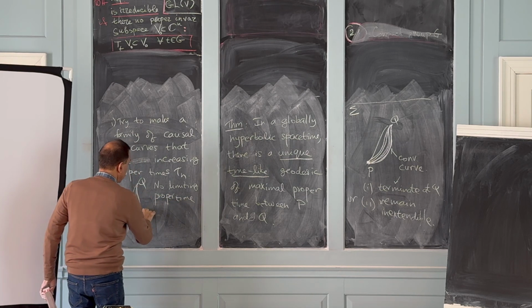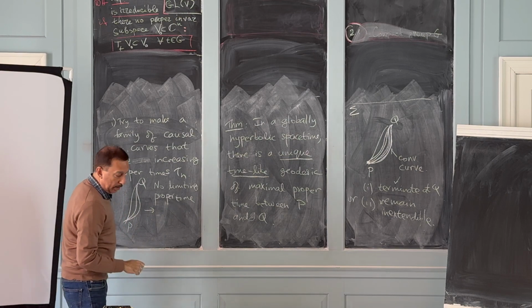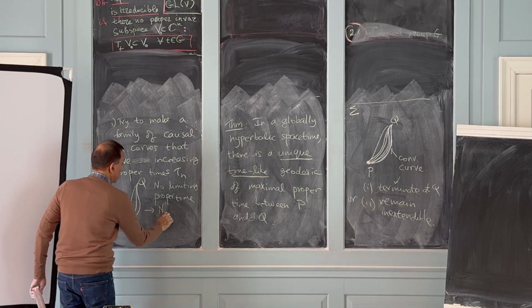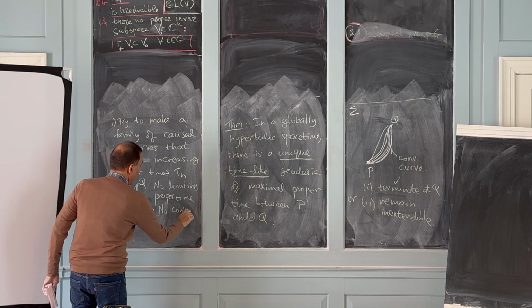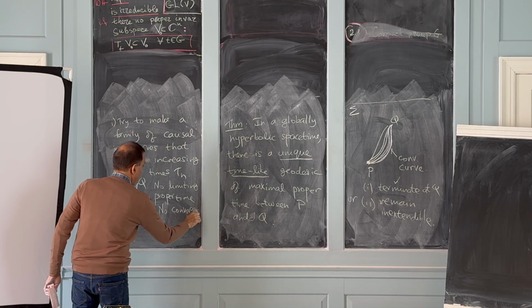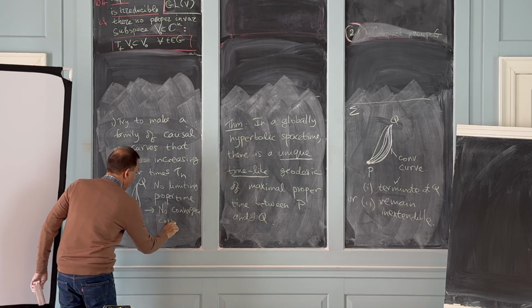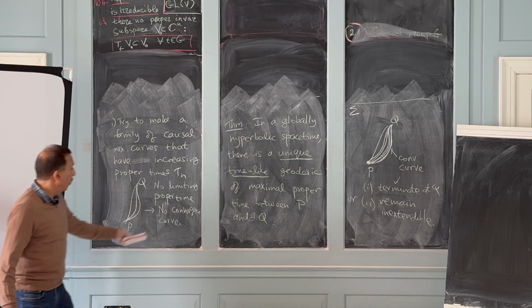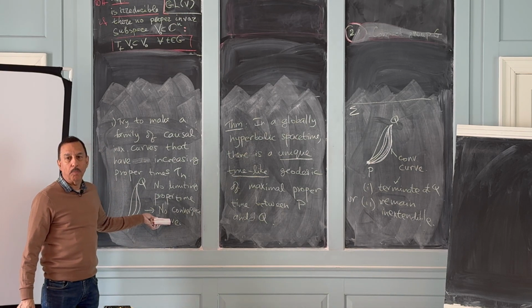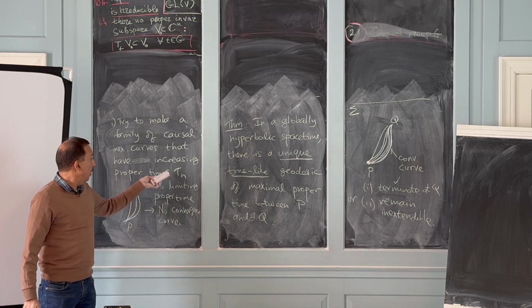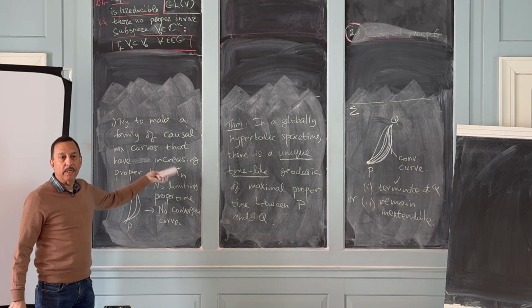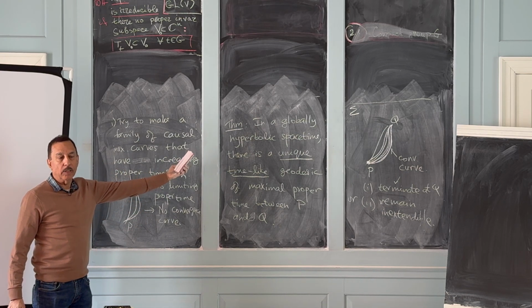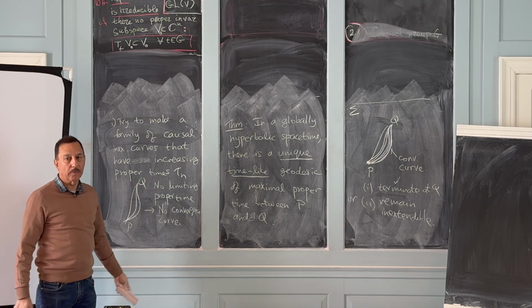This implies that there cannot be a convergence curve. Right, because if there was a convergence curve, it would have some proper time. But since I've taken my family to have increasing sequence of proper times with no limit, then the convergence curve can't exist.